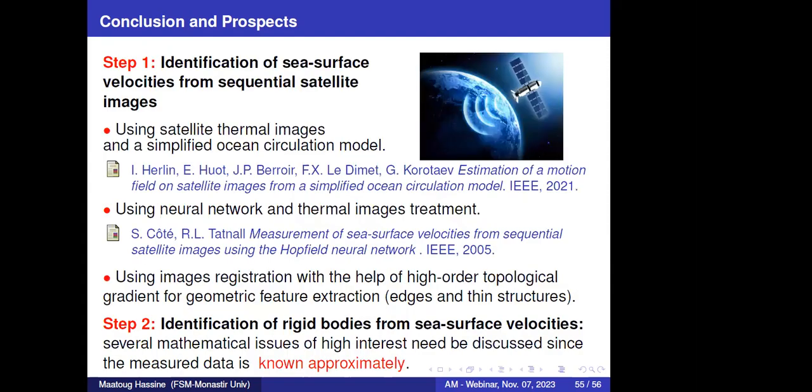For this question, the identification process will be based on two main steps. The first step is concerned with the identification of the sea surface velocity from sequential satellite images.